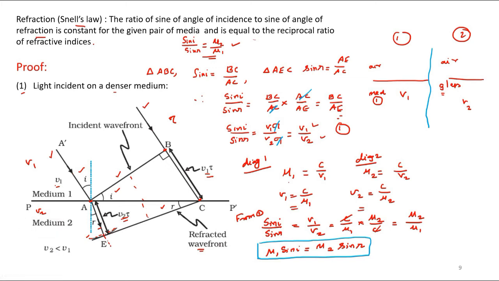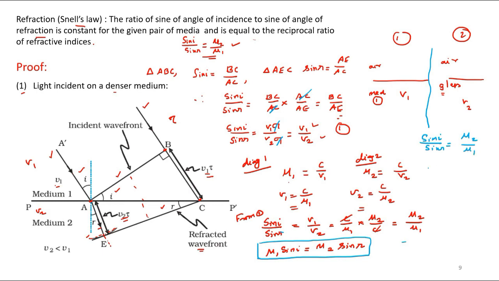Now you can even get one important concept clarified here. What is it? Suppose you consider this, I just write here sin I by sin R, same thing I am writing. Sin I by sin R is mu2 by mu1.